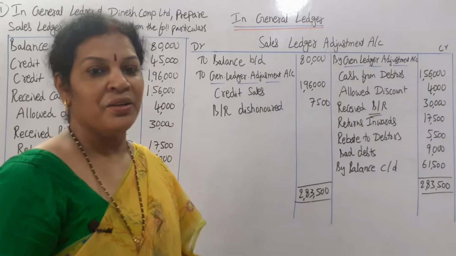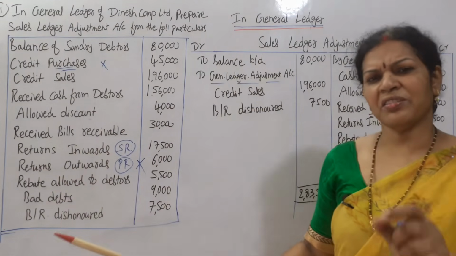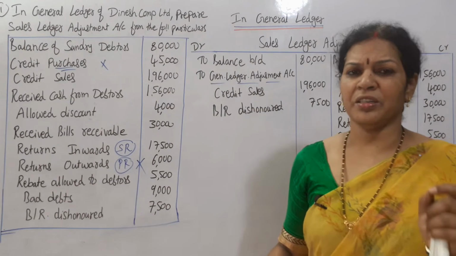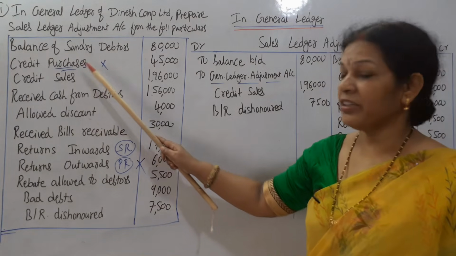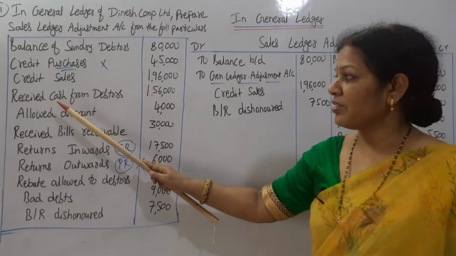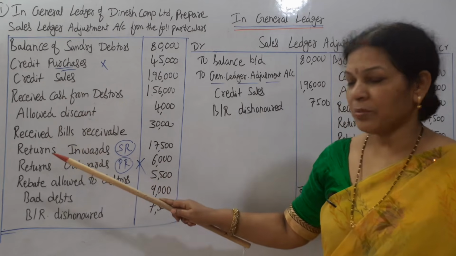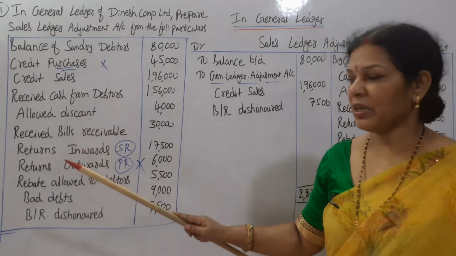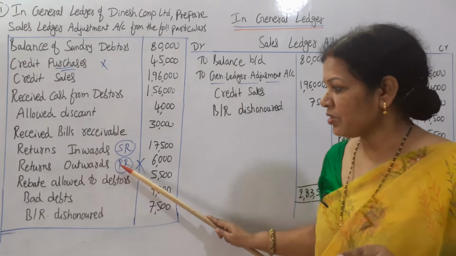Under that we will be writing only transactions related to the sales ledger adjustment account, as you have seen. We have taken transactions like credit sales, cash received from debtors, discount allowed and bills receivable. Credit purchases are not related to sales, so not taken. Return inwards we have taken; return outwards are related to the purchase, so this we did not take.